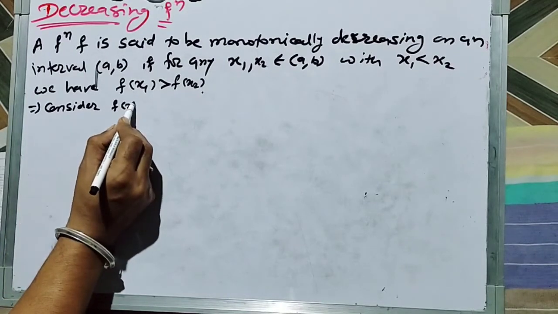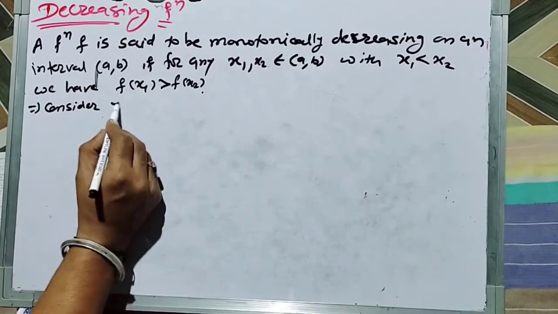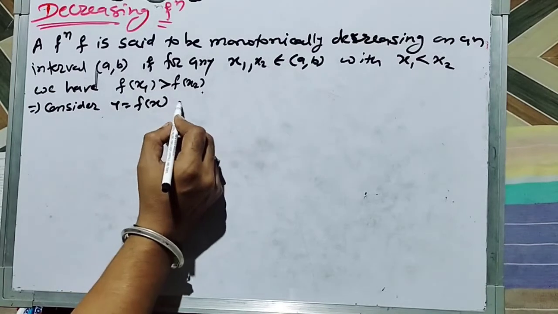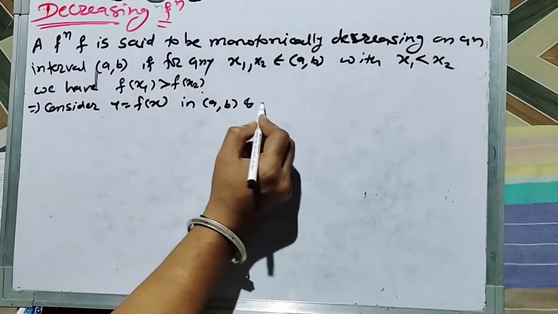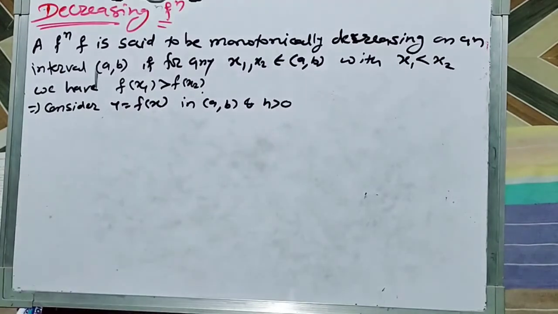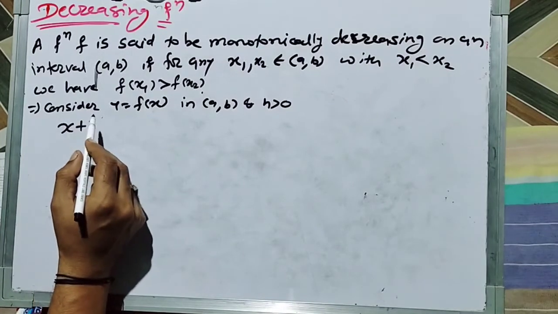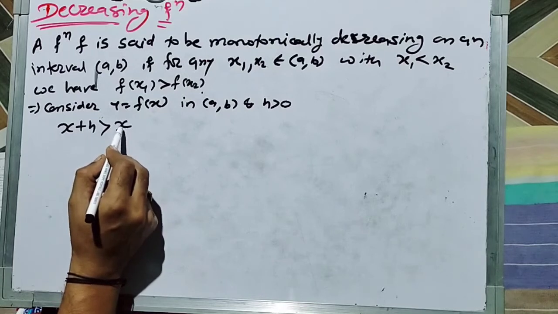f of x, consider a function y is equal to f of x in the interval a to b and h be greater than 0 with a small increment in x. So therefore x plus h is greater than x.